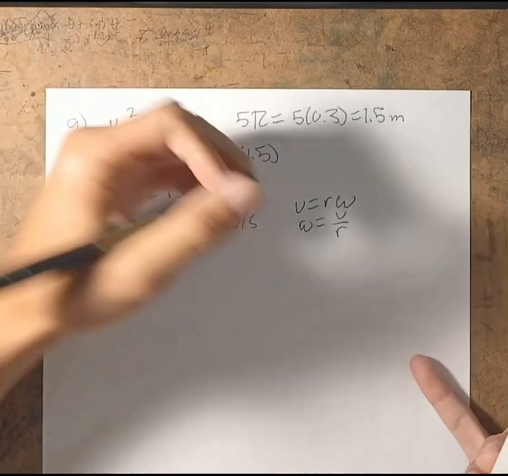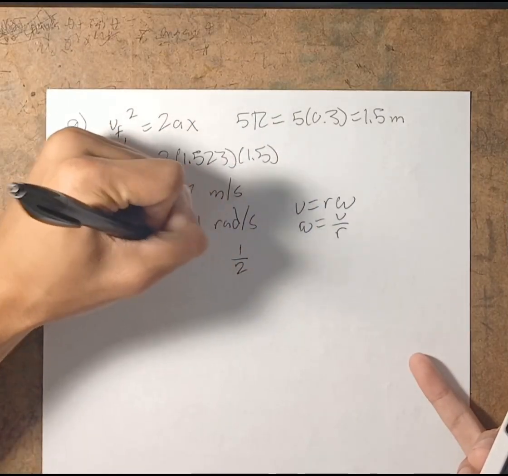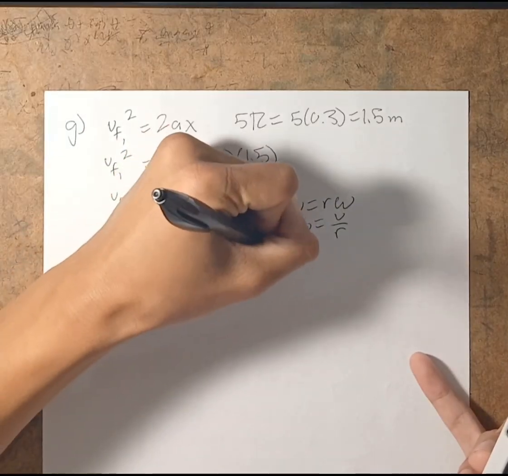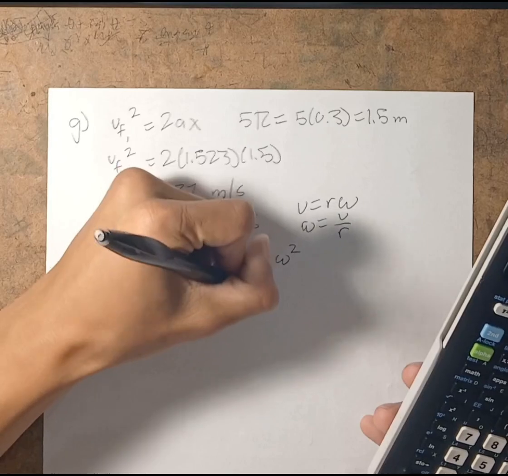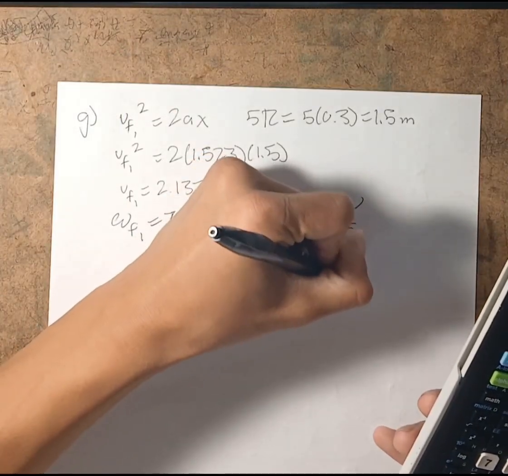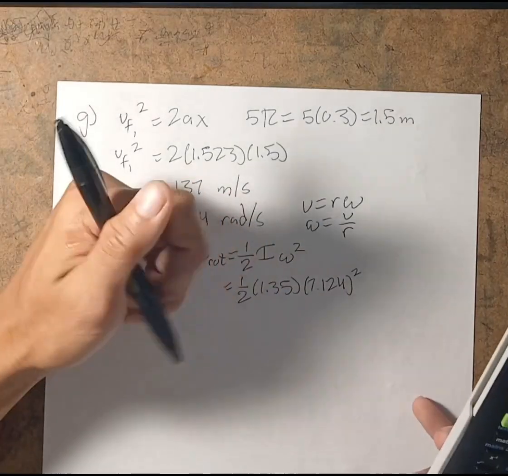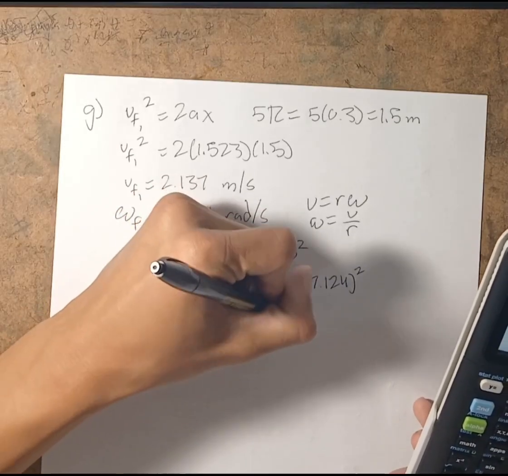And then we can plug that into the rotational kinetic energy equation, KE rot of the cylinder, which is 1/2 I omega squared, I, of course, being 1.35, times 7.124 squared. Equals 34.262 joules.